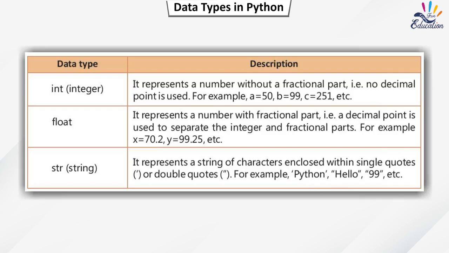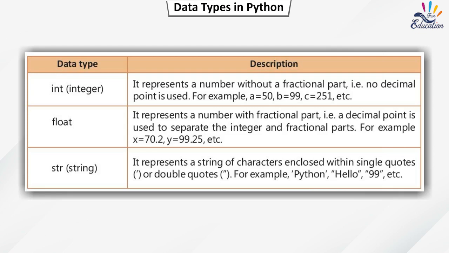Int, integer. It represents a number without a fractional part, that is, no decimal point is used. For example, A = 50, B = 99, C = 251, etc. Float. It represents a number with a fractional part, that is, a decimal point is used to separate the integer and fractional parts.